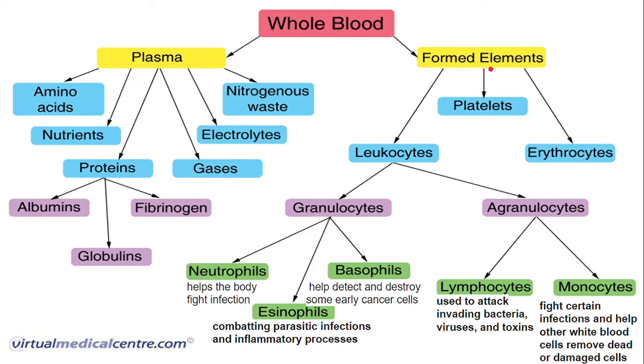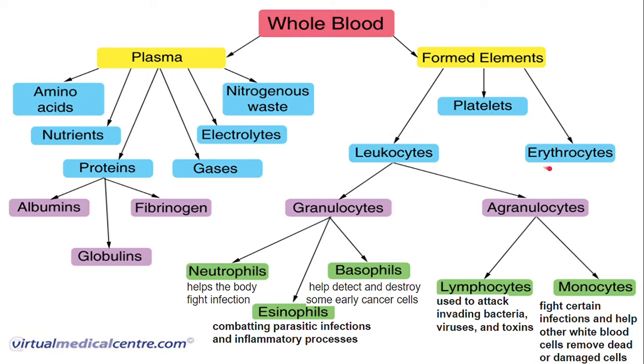In the formed elements we have three parts: leukocytes, platelets and erythrocytes. Leukocytes are known as white blood cells, or WBCs, and erythrocytes are known as RBCs, or red blood cells. Leukocytes give a boost to your immune system and fight foreign diseases, and platelets help in the coagulation of blood.